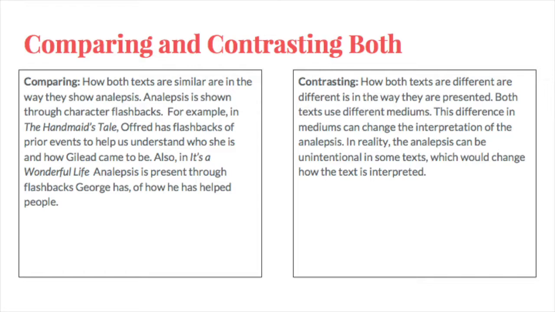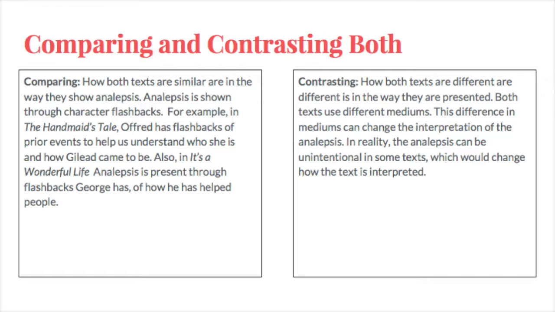And also in It's a Wonderful Life, analepsis is present through flashbacks George has when he attempts to commit suicide, and this helps to show how he helped people in the past and build his character up and show who he was truly.